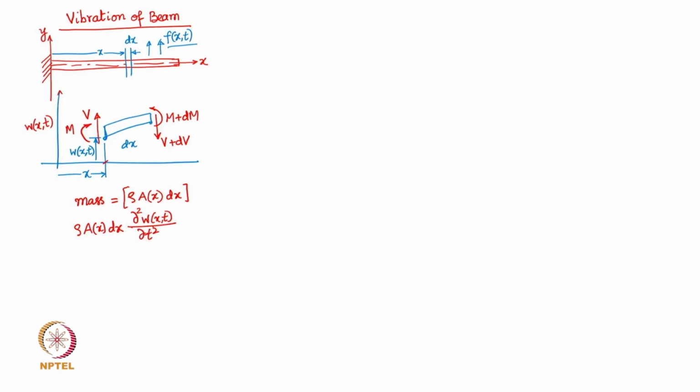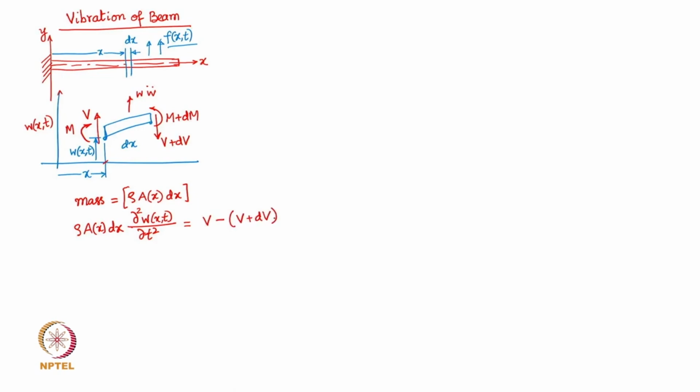This mass times acceleration obviously would have to be equated to the net force acting in the direction of that acceleration. So w and w double dot are along the y axis, and the net vertical force in that direction would be obviously V minus the other shear force, which is V plus dV.